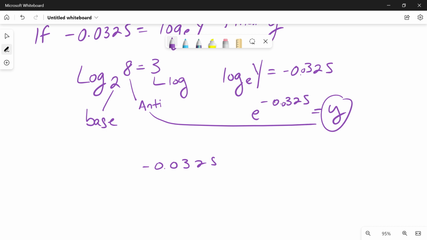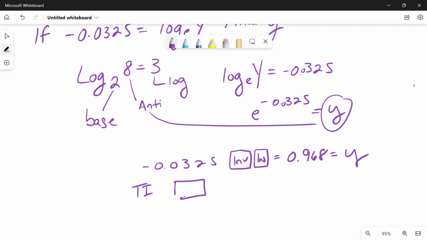All right, taking that, I'm going to do that inverse log natural because we're using E. I'm going backwards to find my antilog, and this is going to give us 0.968, and that's what we're going to have for y. If you were doing this on a TI, you're not going to use the inverse key, but you'd use the second key.